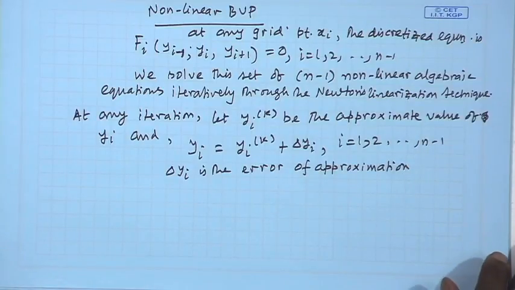At the two ends, i equal to 0 and n, yi is given, so we need not find the value of yi; we can take delta yi as 0.